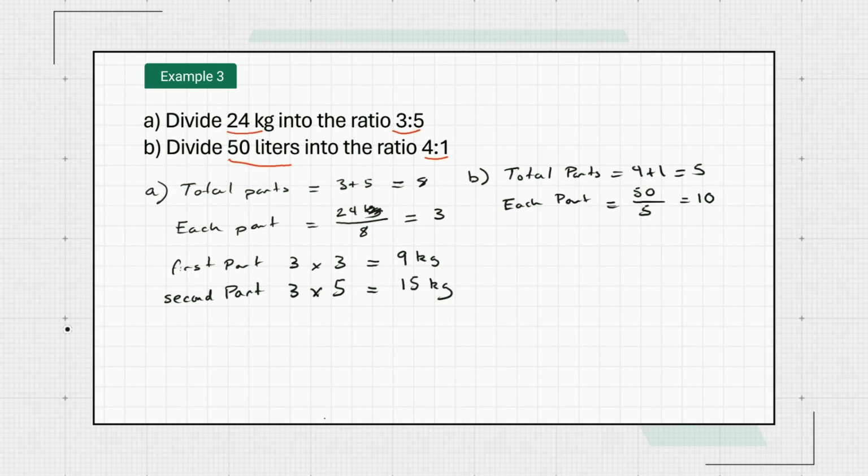Now, to determine the rest, all we have to do is multiply each part by each side of the ratio. So for the first part, it's going to be equal to 10 times 4, which is just 40 liters. And for the second part, it's going to be equal to 10 times 1, which is just 10 liters.